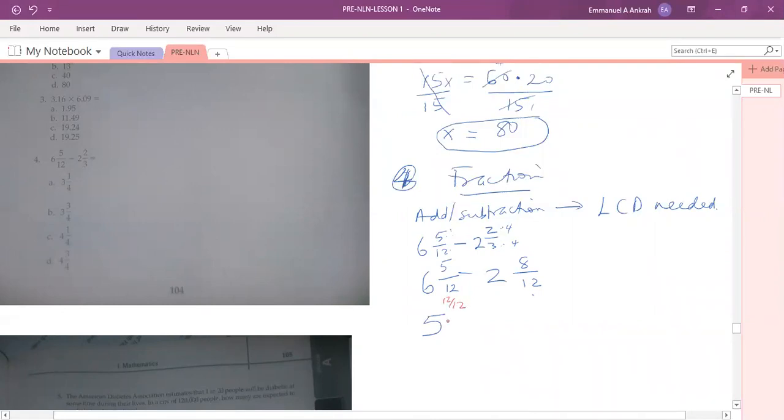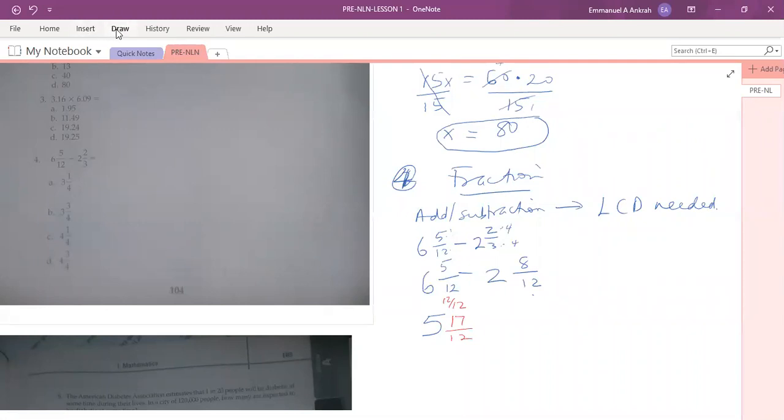Everybody understands that? 12 over 12 is the same as 1. So I add 12 parts to the 5. So now I have 17 out of 12. That will be my new fraction. Is everybody okay with that part so far?